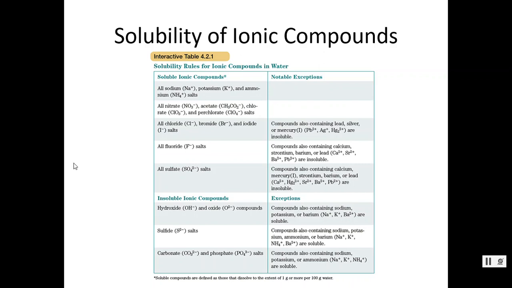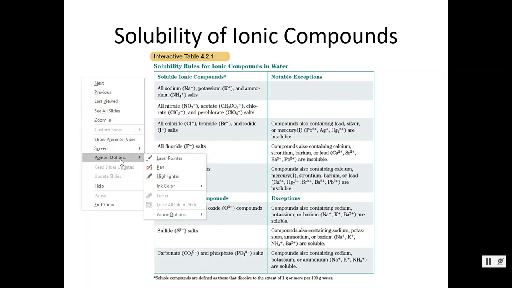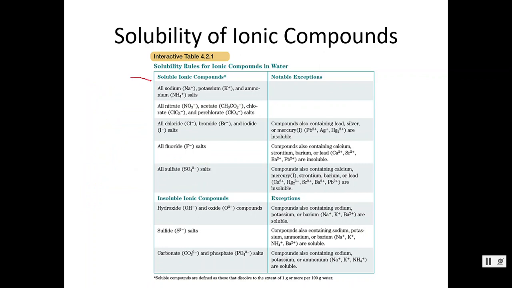But using this one, let's talk a little bit about how we use this information to determine if something is soluble or not. Looking at these rules, you see they are categorized with two main headings: things that are soluble and things that are insoluble.